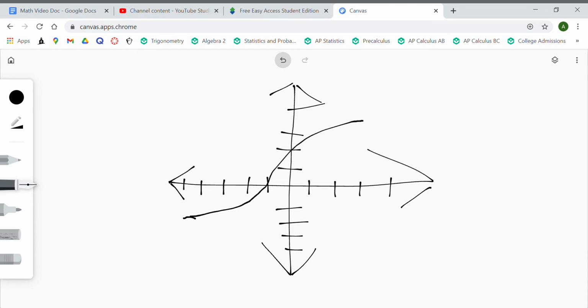Let's say that this is the endpoint right here, 5, -1. And then we have another endpoint right here. Let's say this is 3, 3.5.